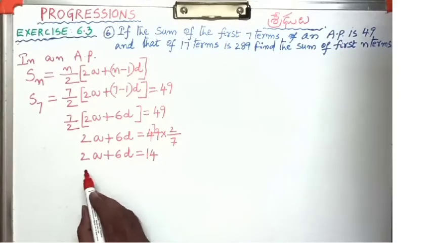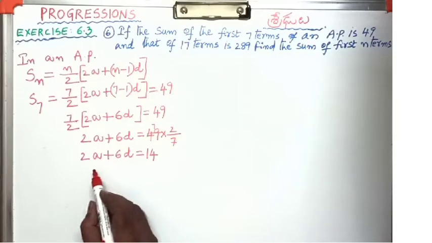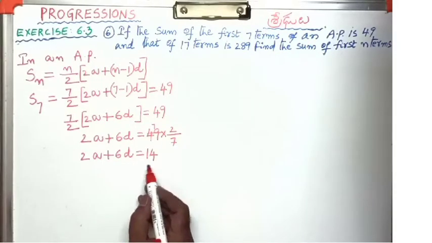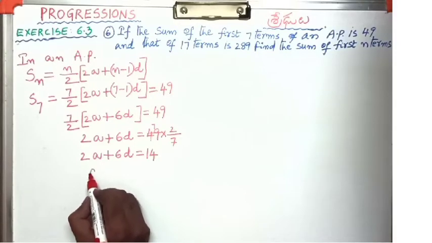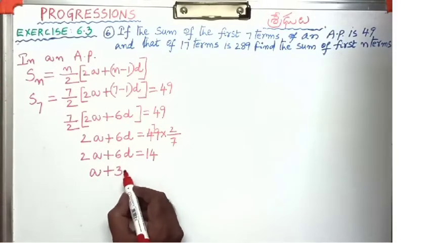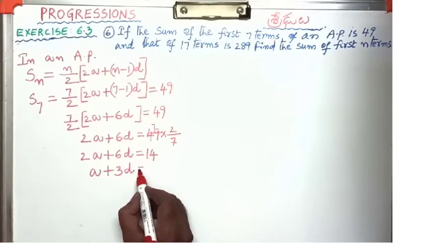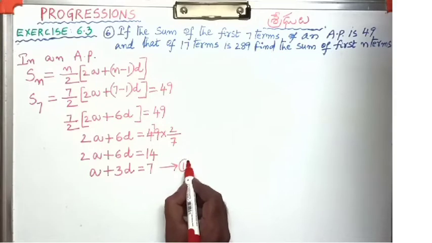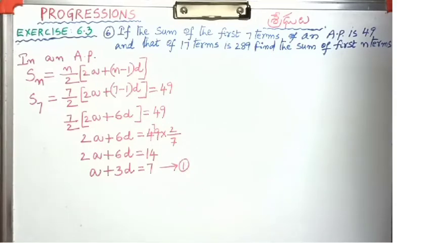So 2 table is possible, that's why divide by 2 on both sides. Okay, then you will get an equation like this. 2 table 3 times కదా, 3d is equal to 7. This is equation 1.